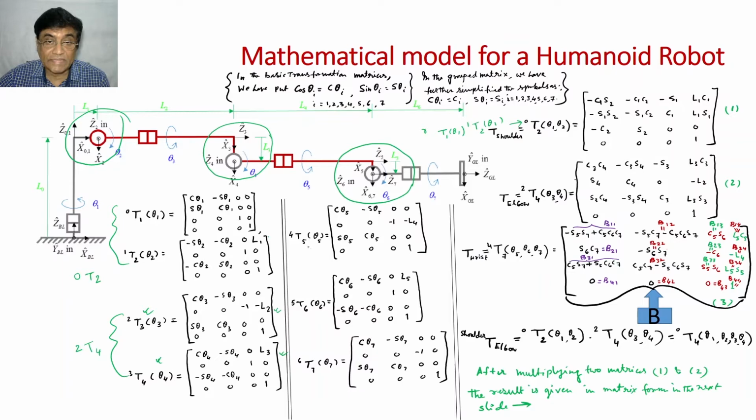So the remaining matrices, if we multiply 5 with respect to 4, then 6 with respect to 5, and then 7 with respect to 6, then this matrix will represent our wrist. Clear?